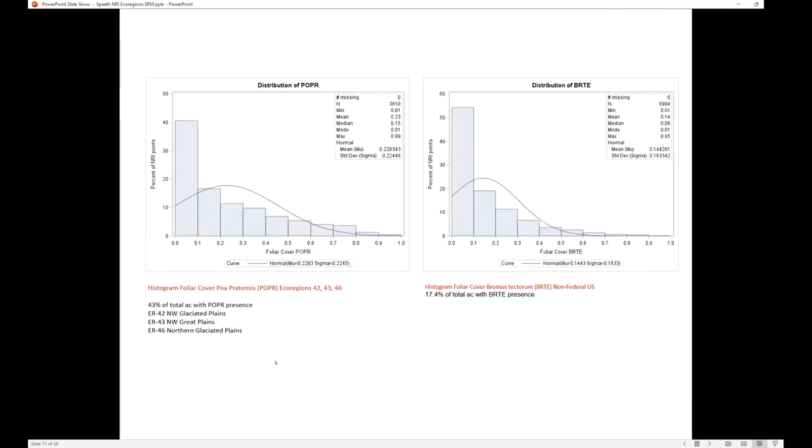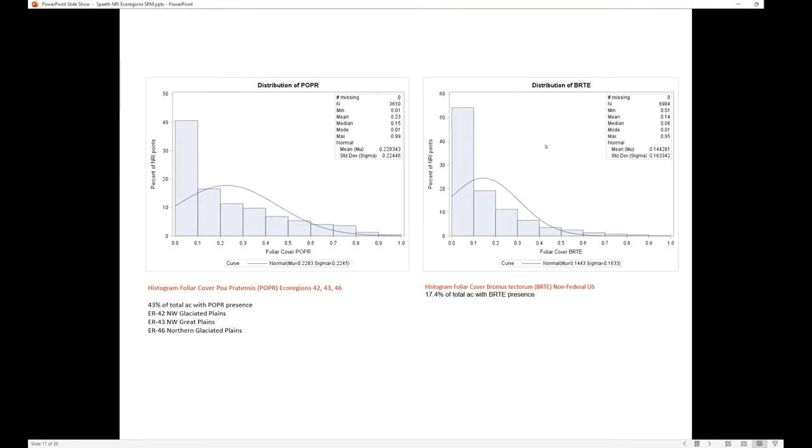For example, in a histogram of three ecoregions, the Northwest glaciated plains, the Great Plains, and another, the average canopy cover of Kentucky bluegrass was 22%.